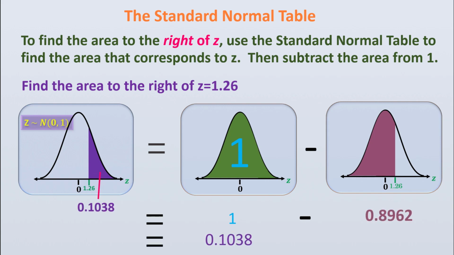Therefore the area right to the 1.26 is 0.1038. Understand this: when you are looking for the area right to a z-value, you always find the area left to the z-value and subtract from 1.